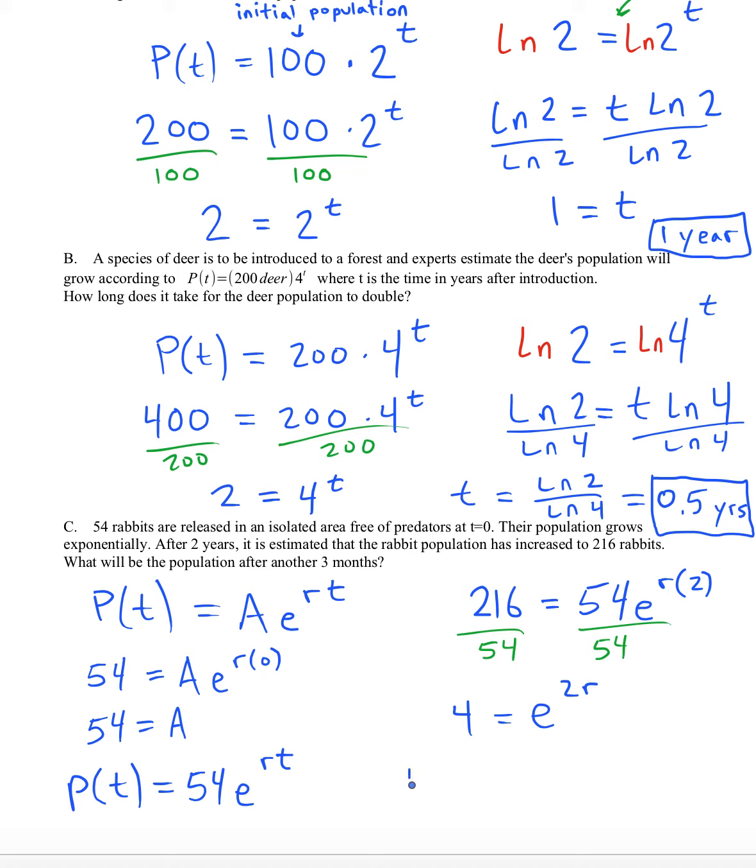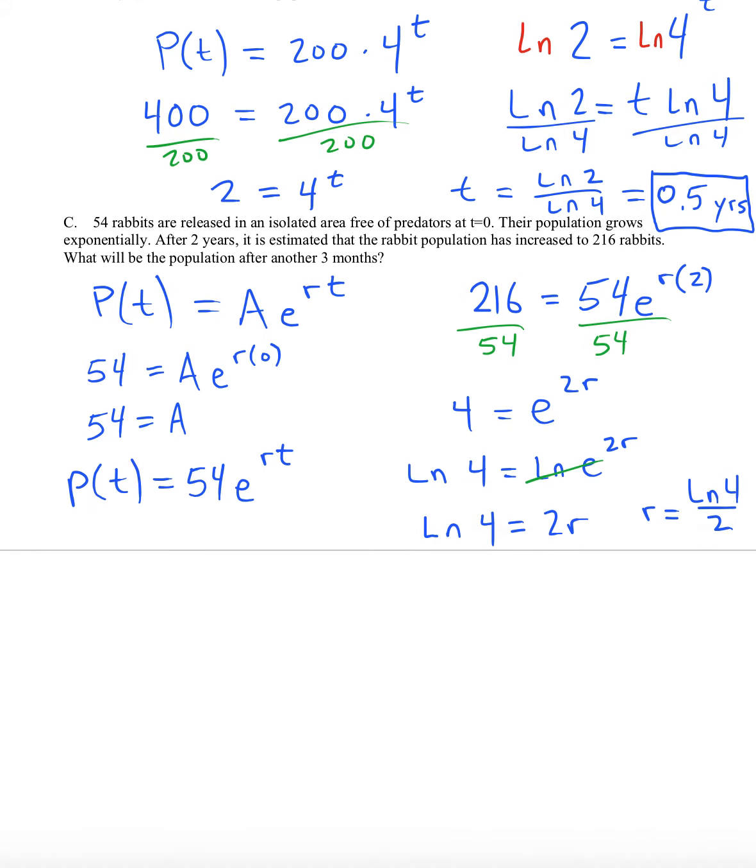Take an ln on both sides. That gives us ln 4 equals 2r because ln and e are inverses. Now we have r equals ln 4 over 2. Now what will we do with this?